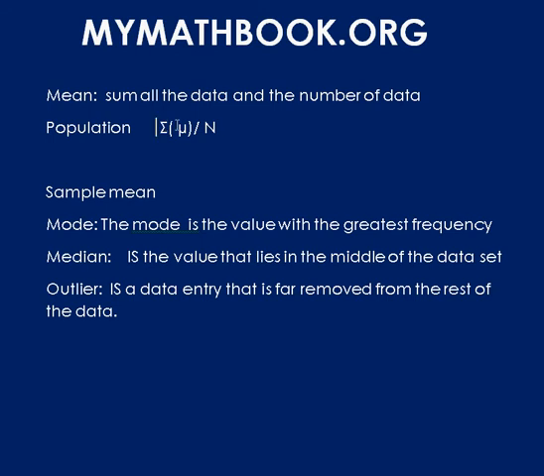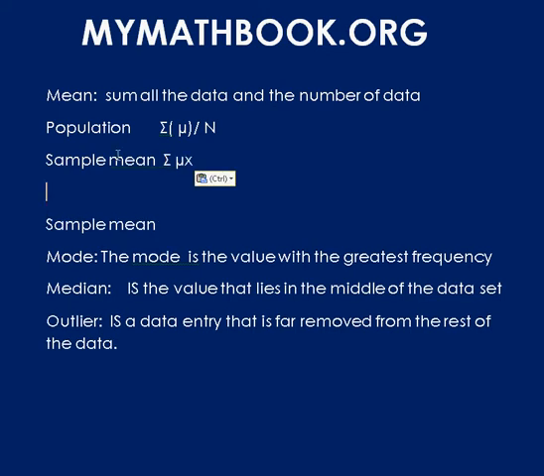And we have the sample mean. Let's go right there, sample mean. That one is also going to be the same, except that we don't need this. Each of these values here means something. Let me go ahead and tell you what this means.